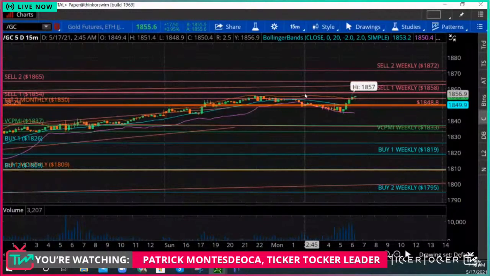I think the question the market is trying to define right now is whether the buyers coming in here are stronger than the supply that potentially could be offered at these levels, which is what the AI identifies mathematically.